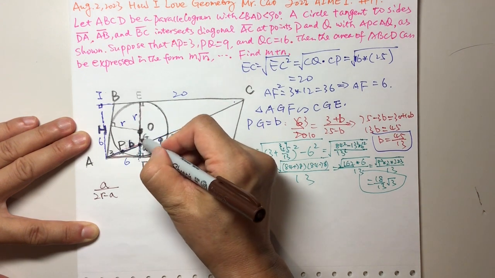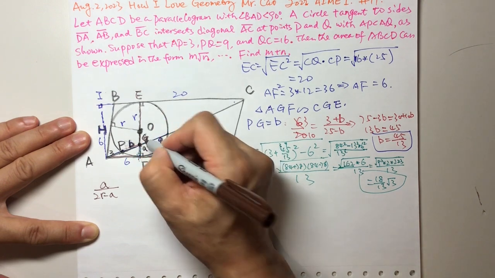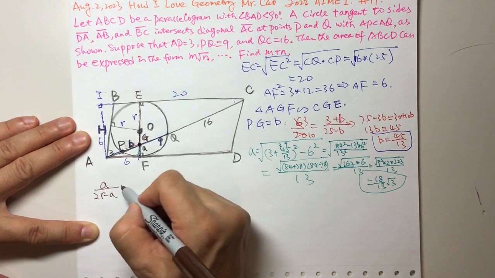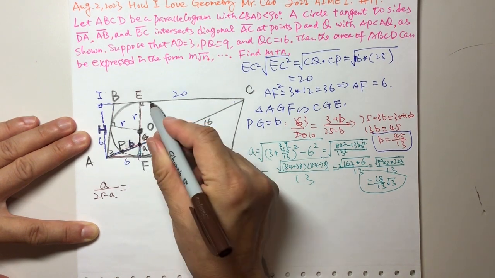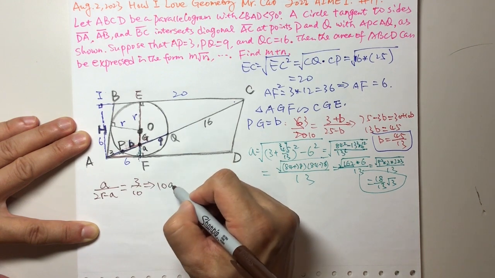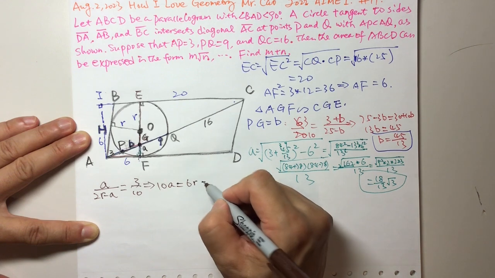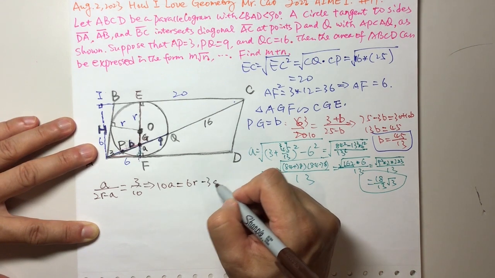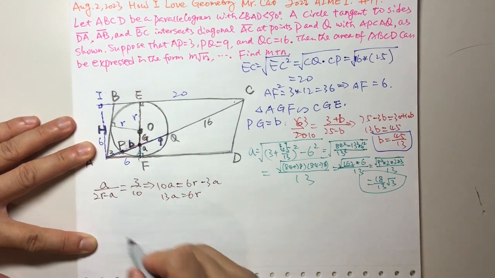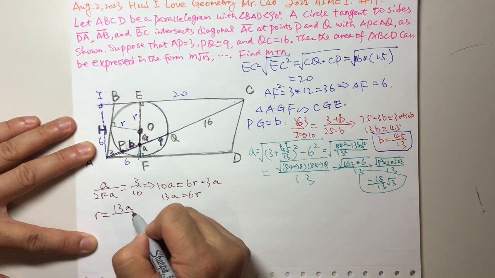So I mean this EG, it means EG, right? GF over EG equals this 6 over 20, so that's 3 over 10. Then we get 10a equals 6r minus 3a, so 13a equals 6r. Then r equals 13a over 6.